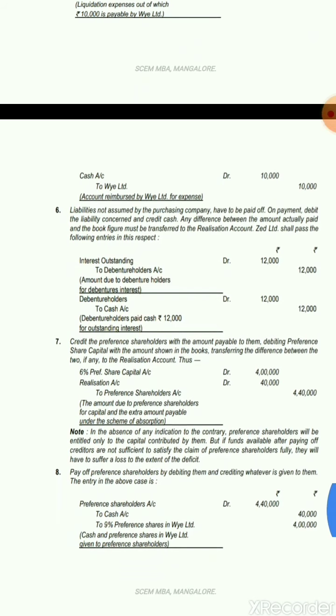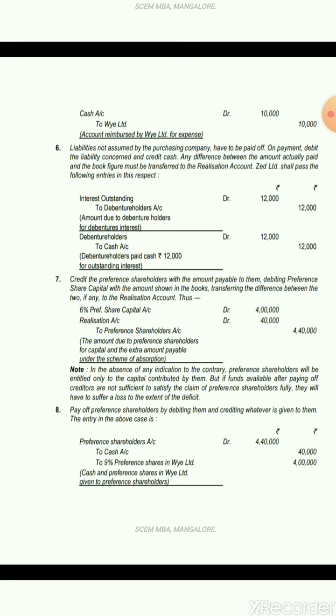So the debenture holders account, initially the due entry should be passed. So how do we pass the due entry? Interest outstanding to debenture holders, right? We just transfer it to debenture holders account. The value of interest outstanding is 12,000.